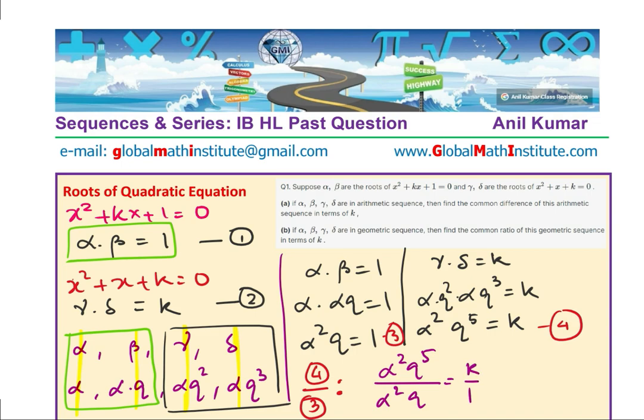And that is q to the power of 4 is equal to k, and q is the 4th root of k. So in terms of k, we have our answer. The quotient is the 4th root of k, correct? So I hope the solutions are absolutely clear.